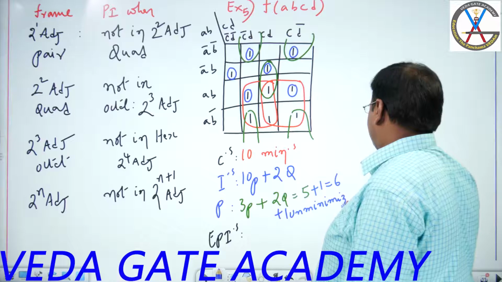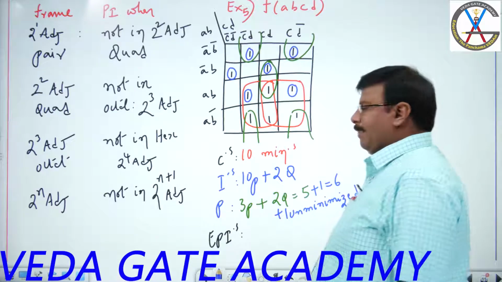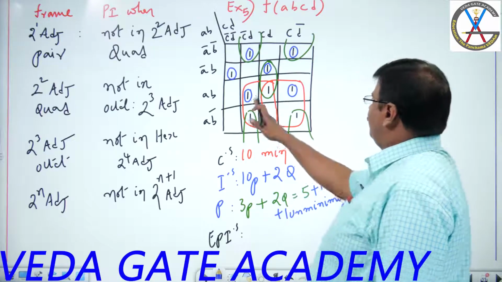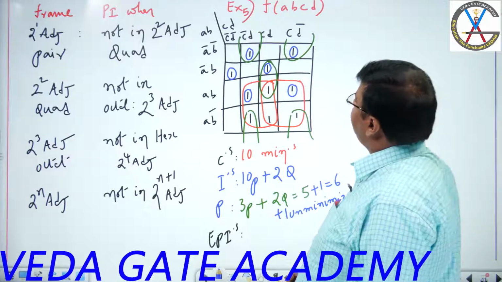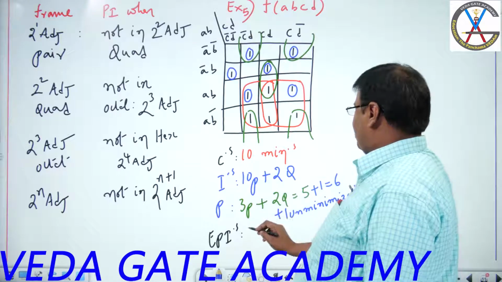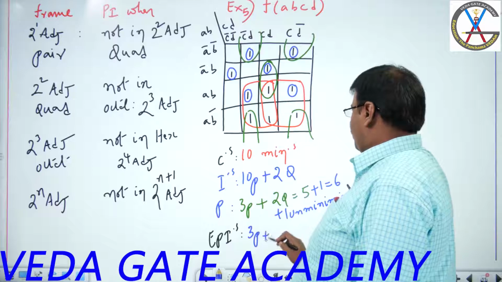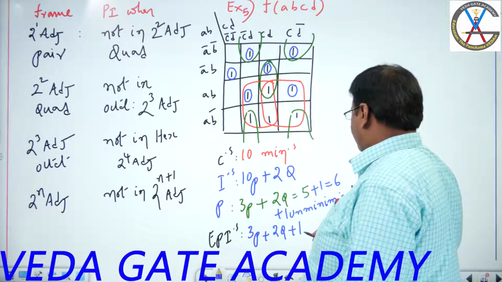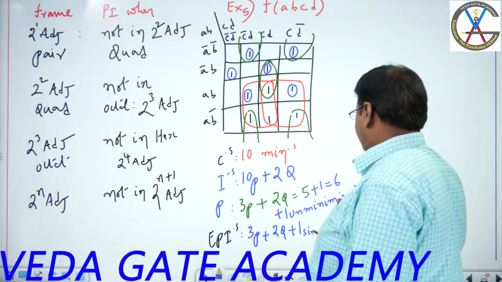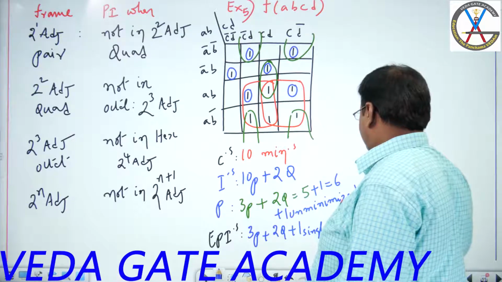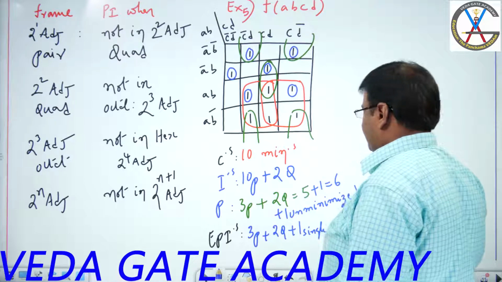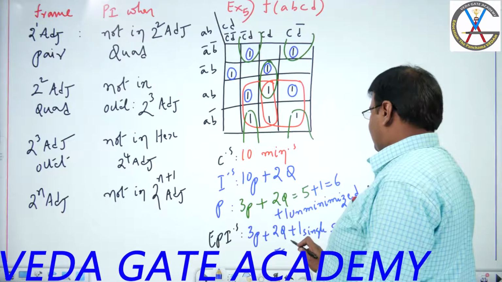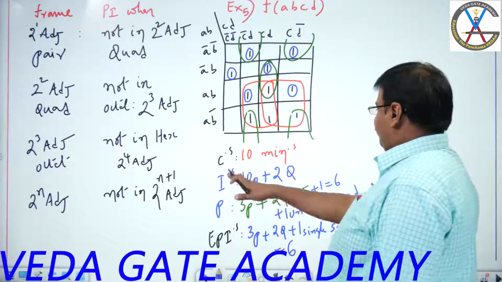Essential prime implicants. Both the quads are unique. How many pairs are unique? 3 pairs are unique, plus 2 quads are unique, plus 1 unminimized, anyhow unique, 1 single square. So finally here also 6. Implicants are 12.